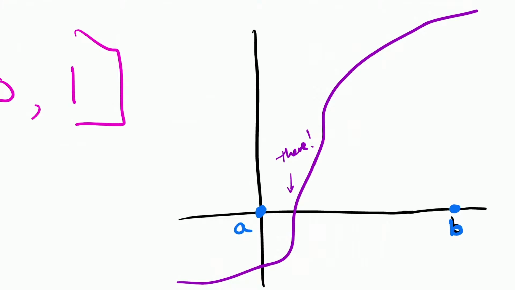And then the other thing, the function value for A and the function value for B have to have different signs. That's it. As long as you have this, then we can for sure find where it is. So you check to see that A and B have different signs. Here f of A is less than 0, f of B is greater than 0. So we're good.